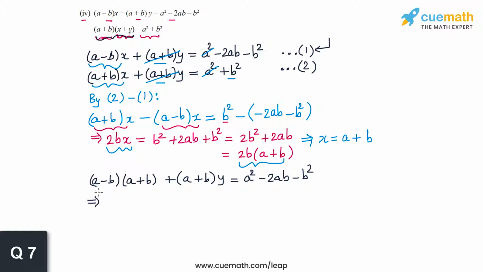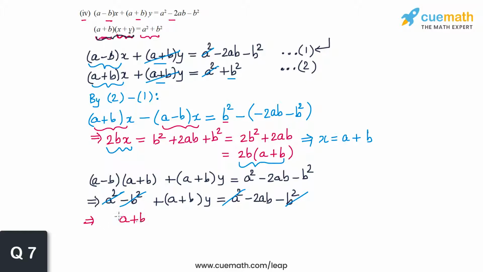Now this gives me a square minus b square plus (a plus b) times y is equal to a square minus 2ab minus b square. Okay, now the a square terms cancel out, the minus b square terms cancel out, and I am left with only (a plus b) times y.